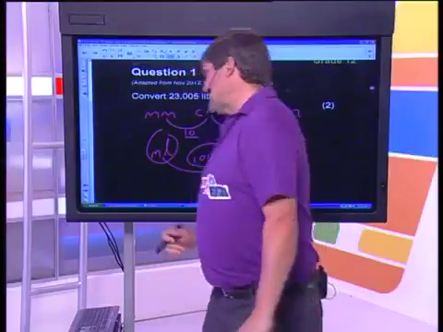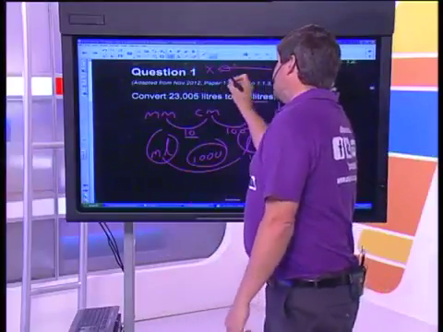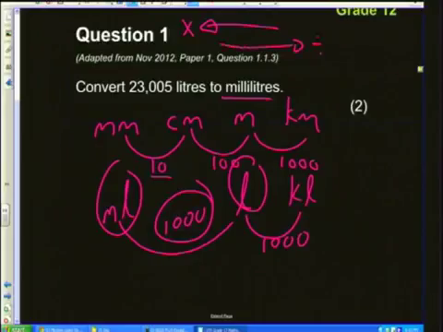There are a whack of millimeters. In fact, there are 1 million millimeters in a kilometer. If I'm going the other way, I'm going to divide. Why? Because I have a whack of millimeters and only 1 kilometer. So if I'm going from millimeters to kilometers, I'm expecting fewer kilometers.